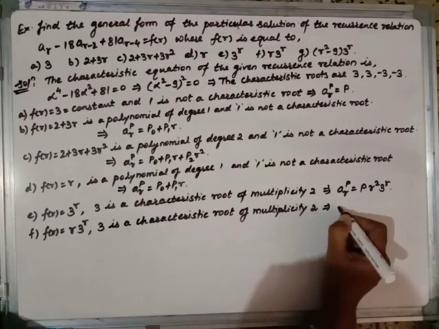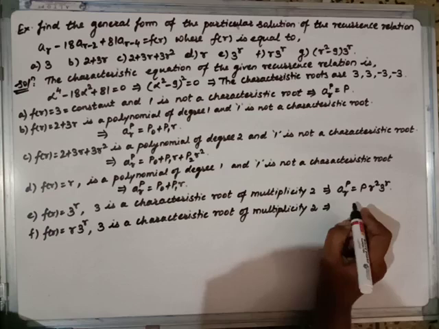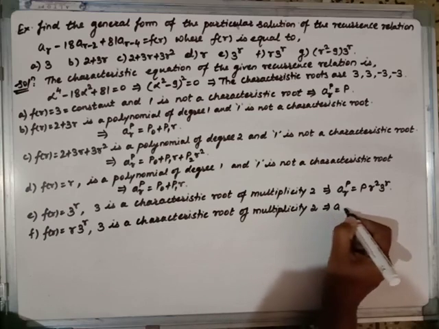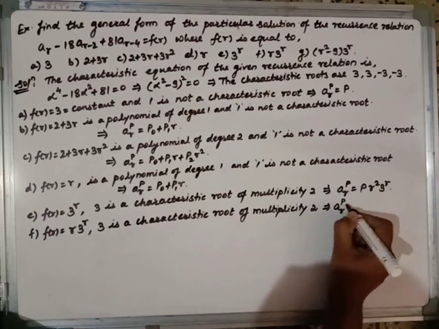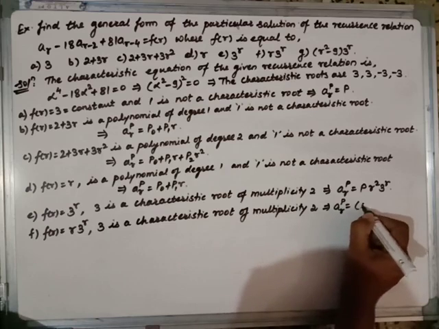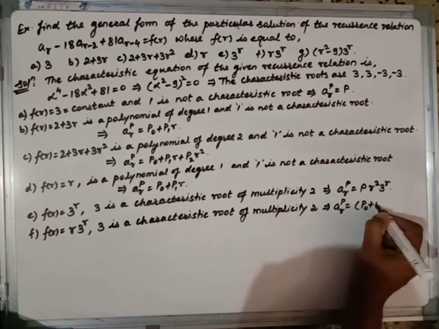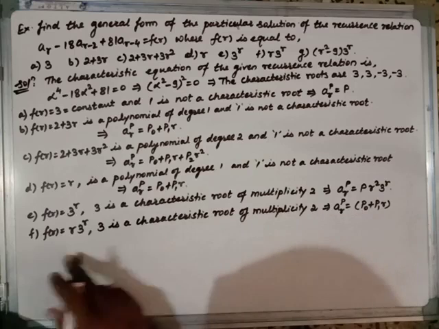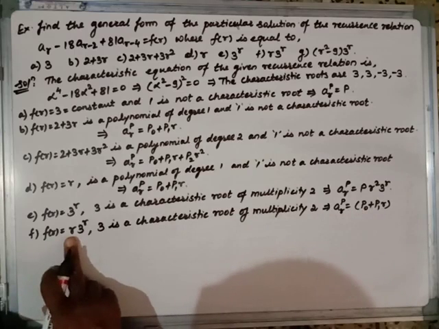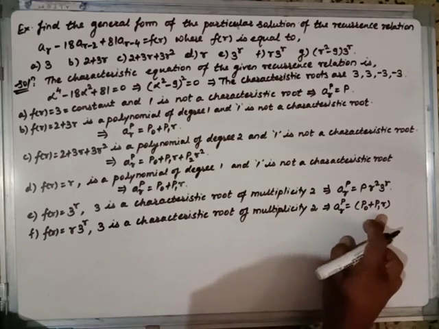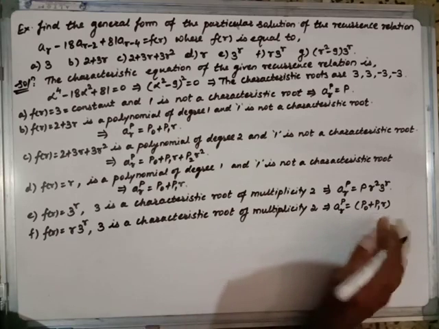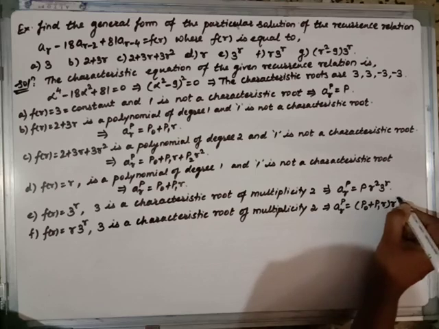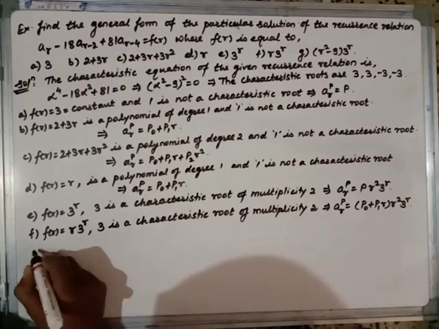So here by rule 8, the last rule, the particular solution will be P0 plus P1 r, as it is a polynomial of degree 1, into r square 3 raised to r.